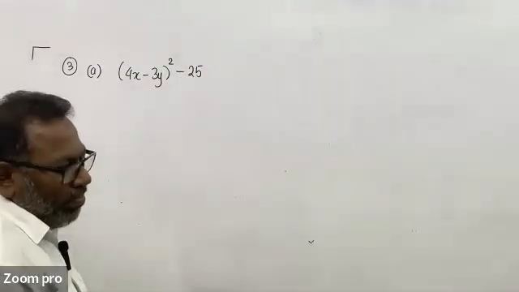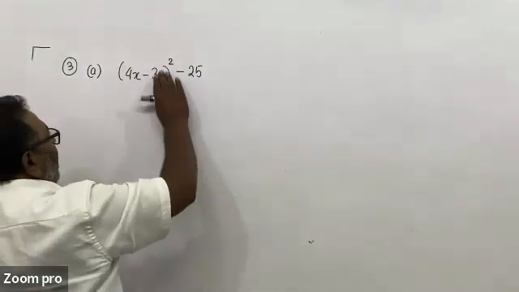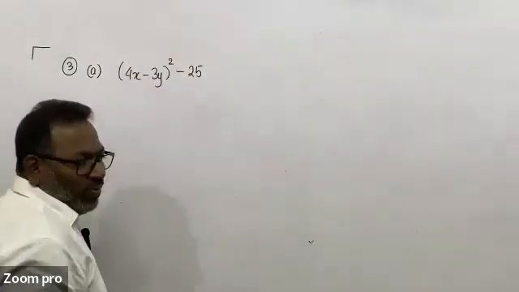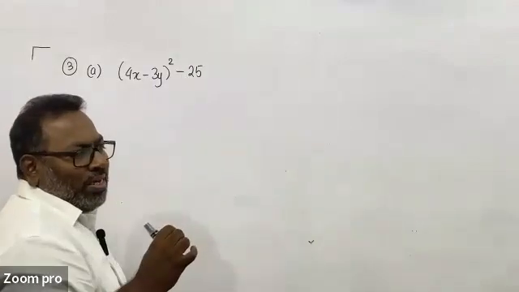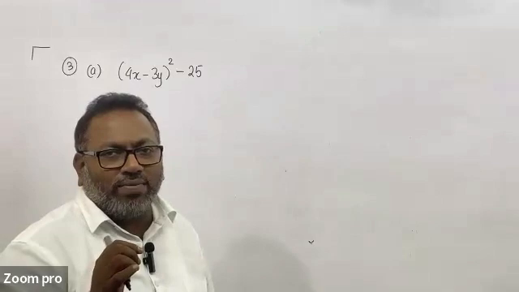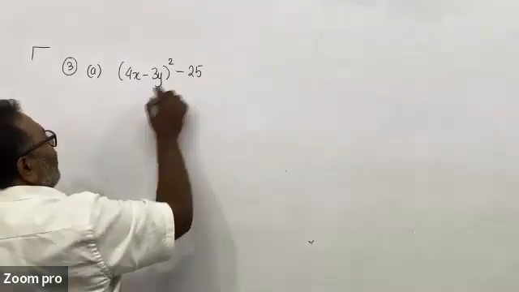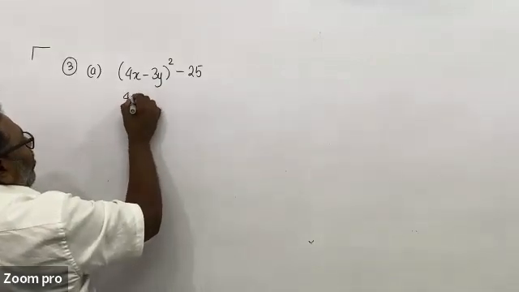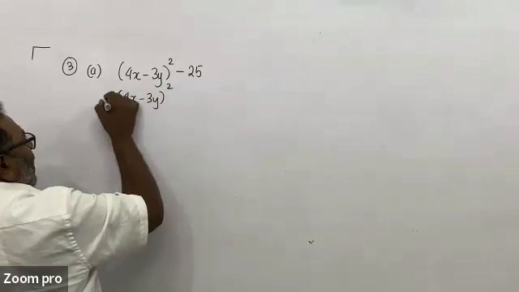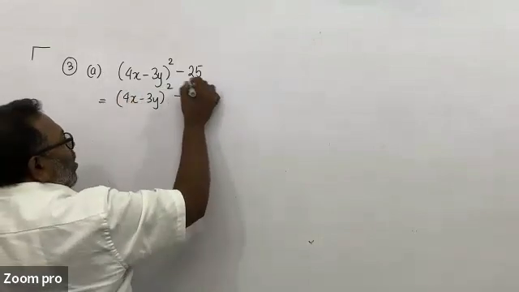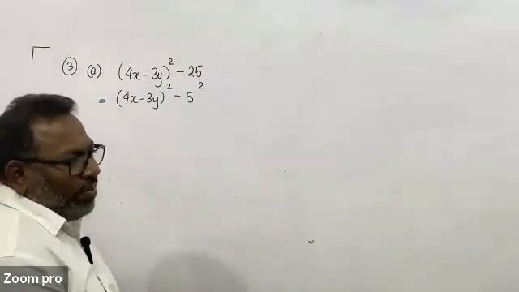Now you can see this whole thing is a square value, and you can also identify 25 is a perfect square. So you can rewrite 25 also like this: (4x minus 3y) whole thing squared minus 25 can be written as minus 5 squared.